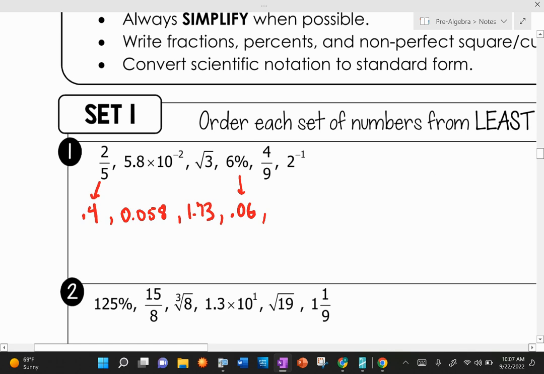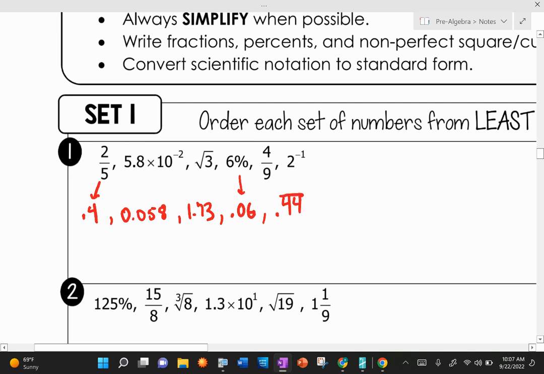So what about 4 over 9? 0.4. You sure? 4 divided by 9 should be 0.4 repeating, though.